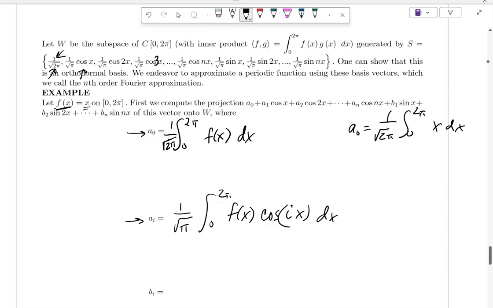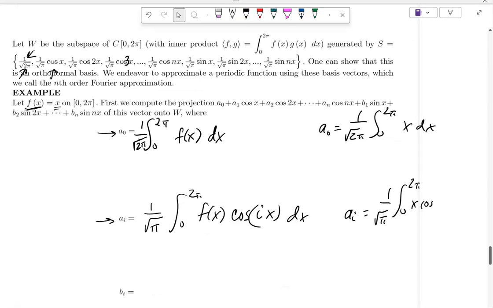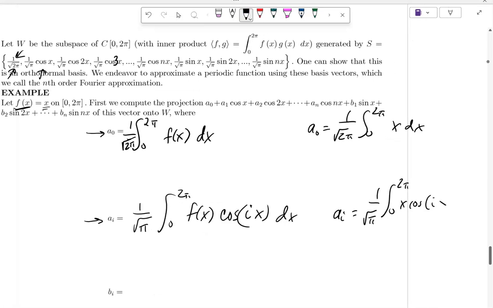So in this particular example, your a sub i would be 1 over root pi integral from 0 to 2 pi of x cosine of ix dx. Well, if I used cosine for the a, what do you think I'm going to use for the b? Sine, yeah, good.